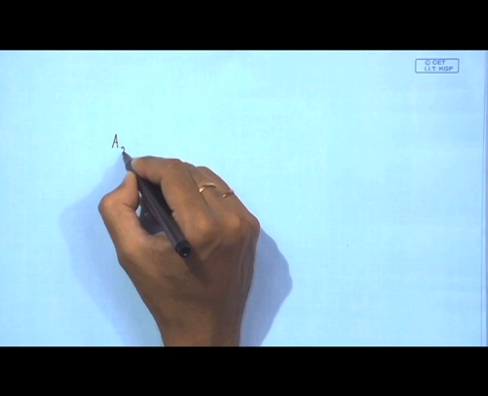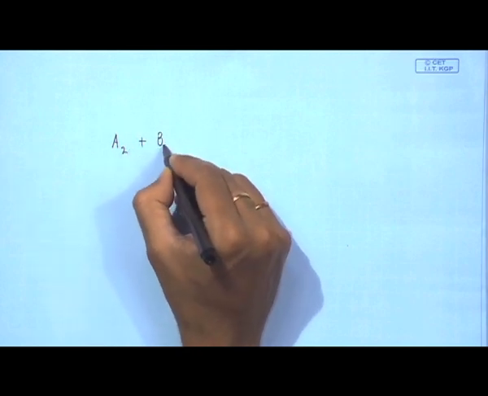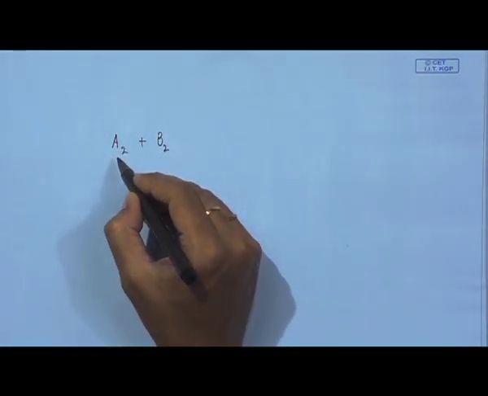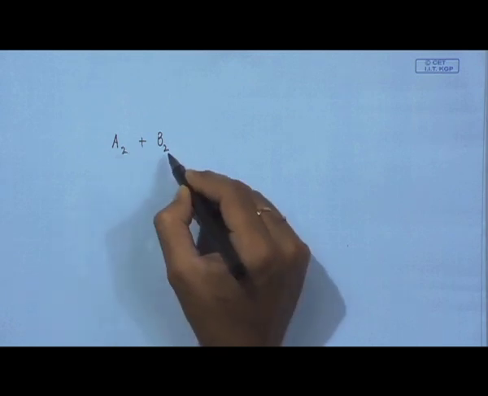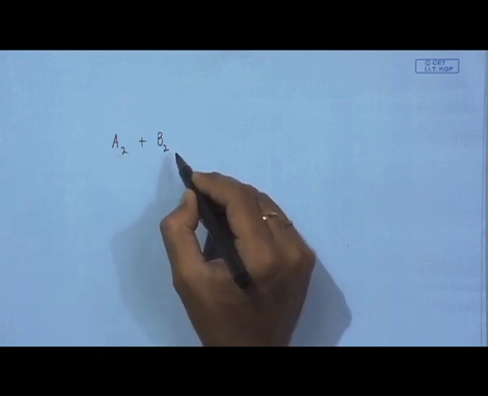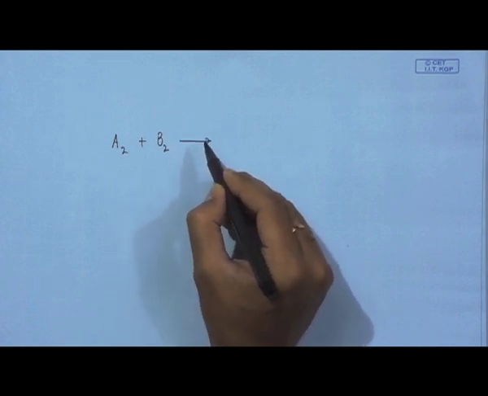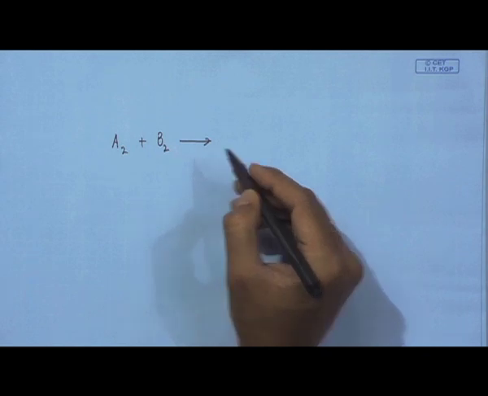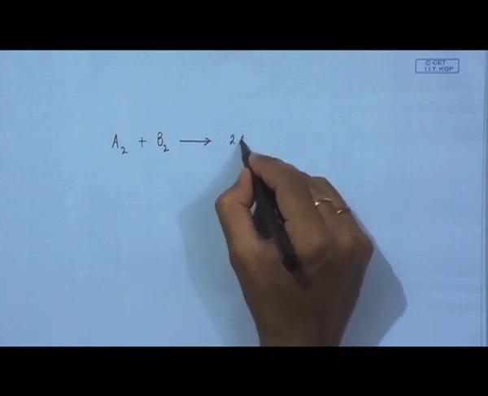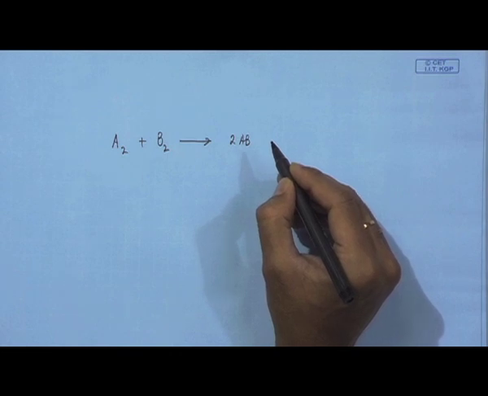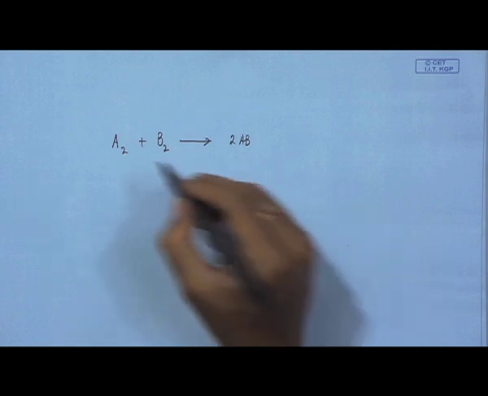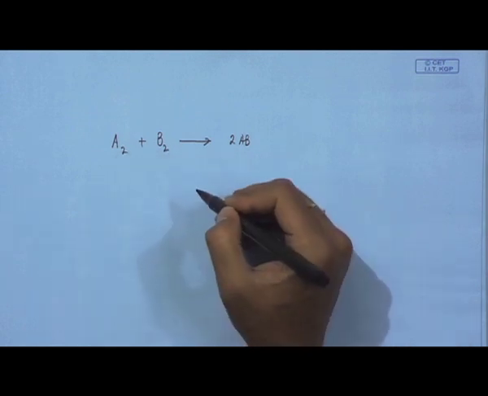Suppose two gases, A2 plus B2, diatomic gases, one A2 another B2, are introduced in a container, and what is seen is that no reaction is taking place. We are expecting maybe 2AB, but the reaction is not taking place. Collision occurs between A2 and B2, but no exchange of atom is there.